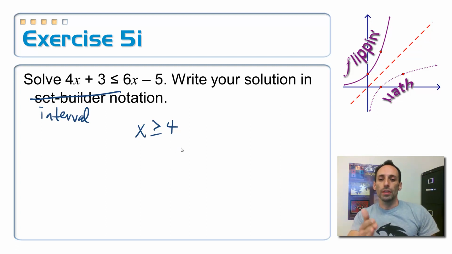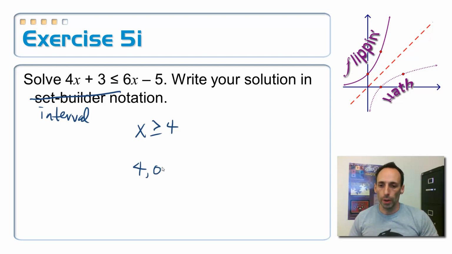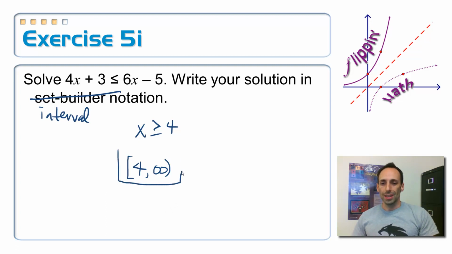This is everything that's bigger than 4. So the smallest number in this set is the number 4, all the way up to, and it's getting bigger and bigger and bigger, up to infinity. I remember infinity always gets parentheses, first of all. And then the 4, since it has an equal sign in it, is going to get a square bracket. And that's how I would write the same exact interval in interval notation.